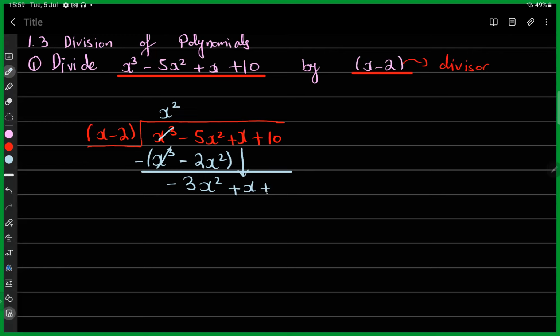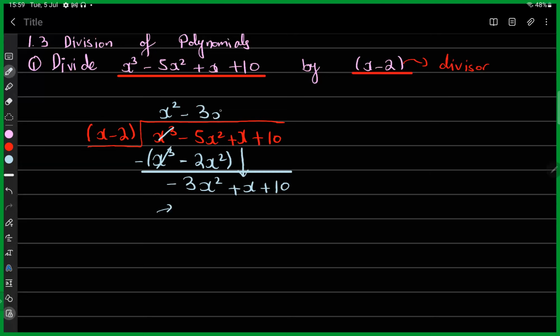Okay. Next, we need a number such that when we multiply it with x minus 2, we get minus 3x squared here. So that number is going to be negative 3x.